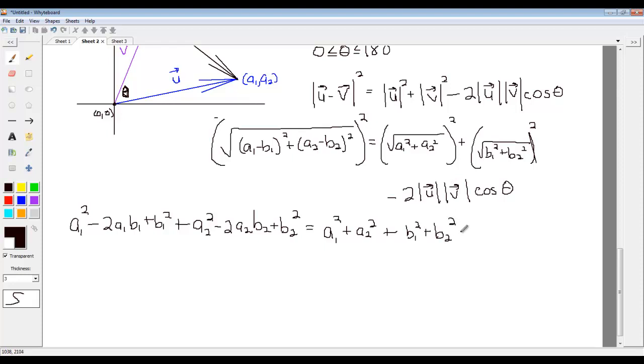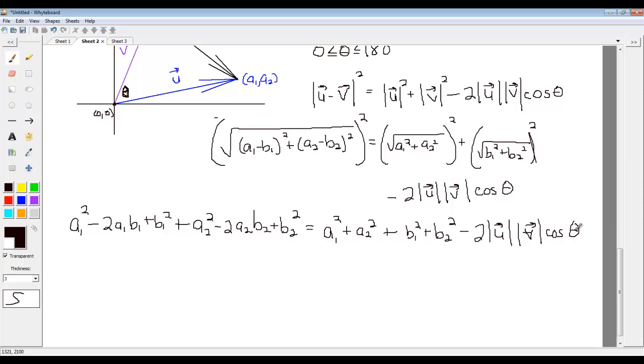And you still have the minus 2 times magnitude u, magnitude v, cosine theta. So we're working on getting this statement that's going to help us find cosine theta, or find theta in the end. We can work all this out.